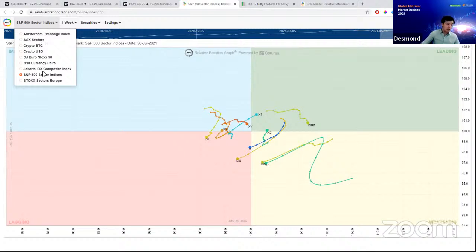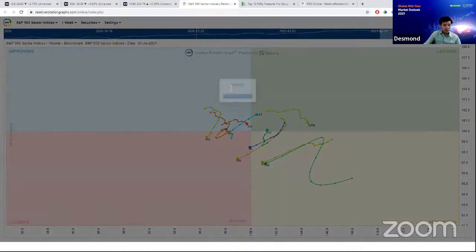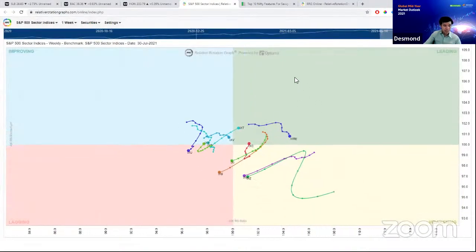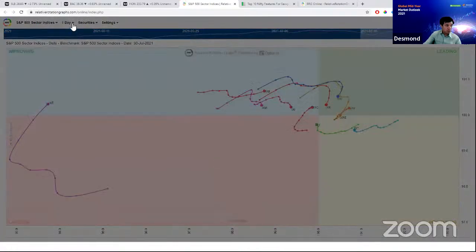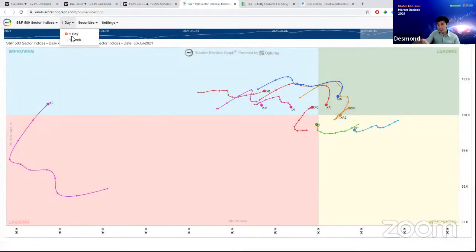But if you're looking at the US stock market, you want to look at the S&P 500 sector index. The moment you select it, you can choose like 1 day or 1 week. It depends on your trading horizon.